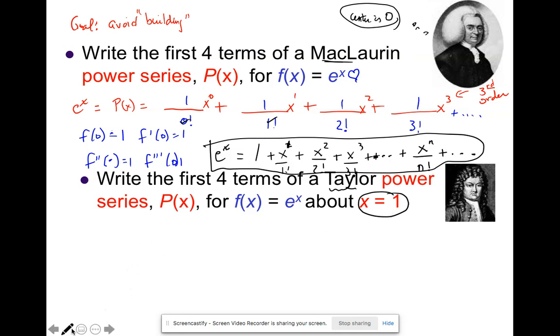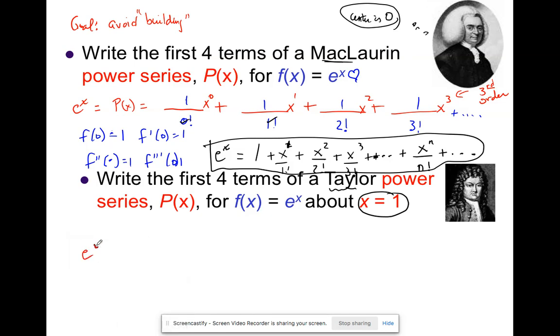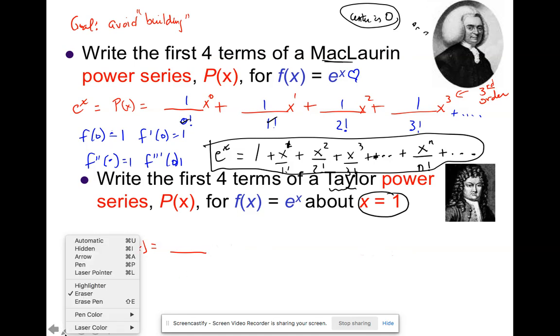So e to the x centered at 1, where I want you to shift it, 1, 2, 3, 4 terms. I want you to take e to the x and shift it over to x equals 1.